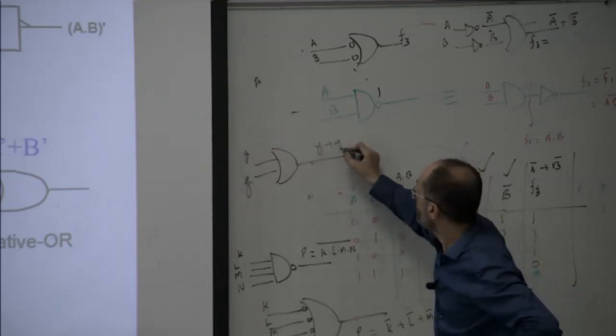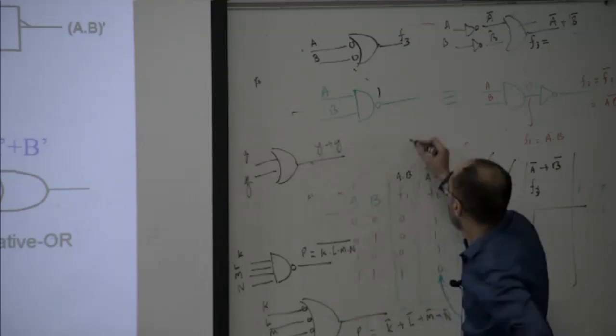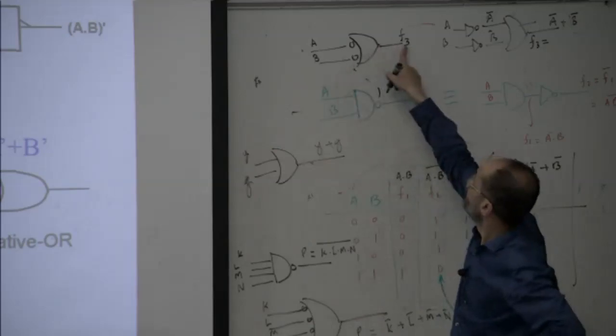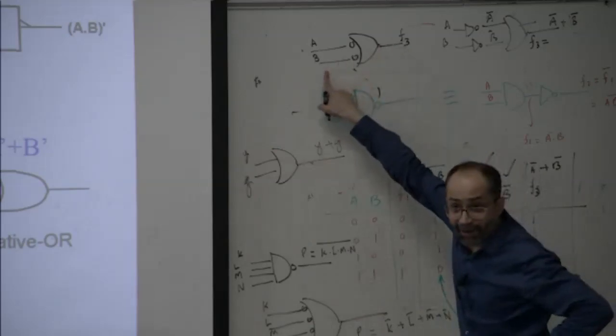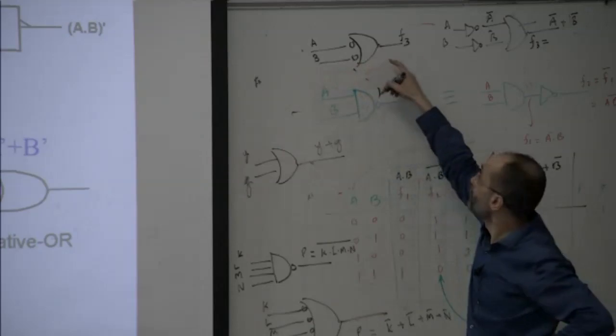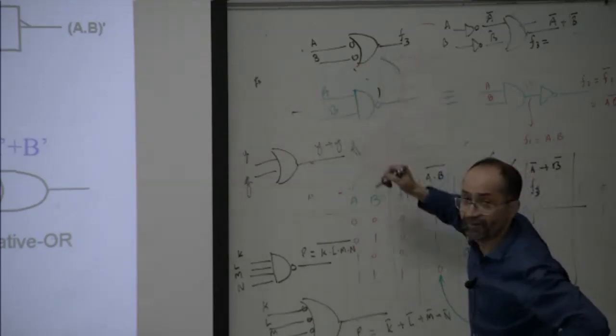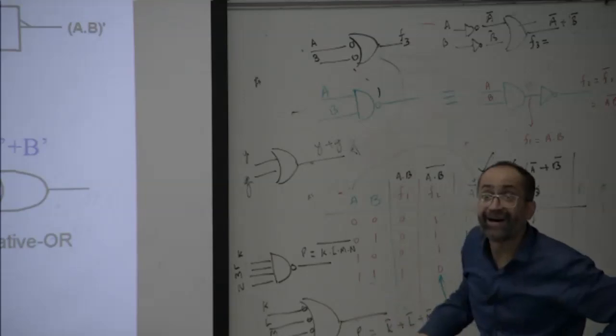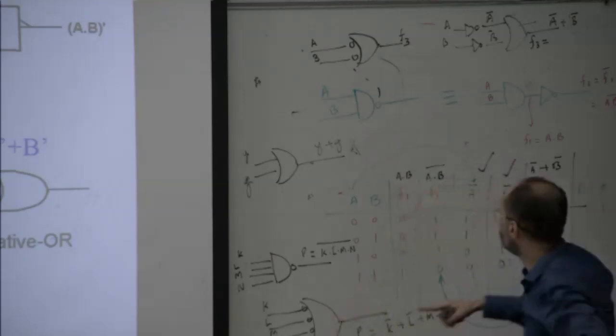Y plus G. And then we have this one, A bar plus B bar. Are they the same or different? They are different, and we can prove it.